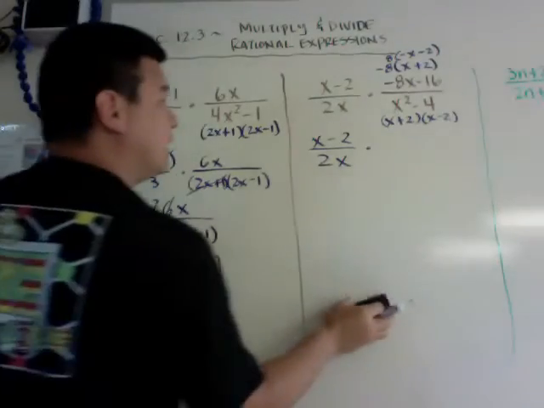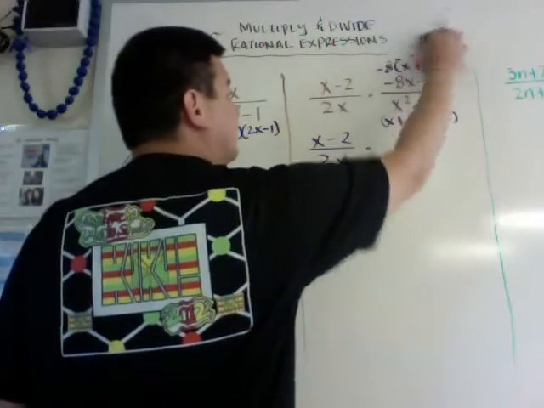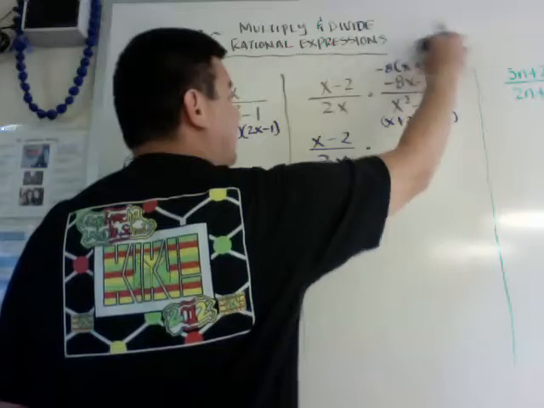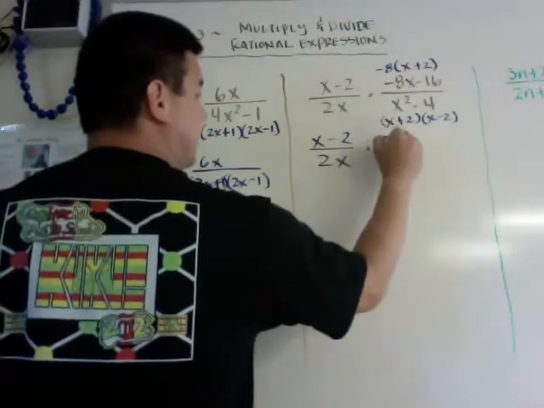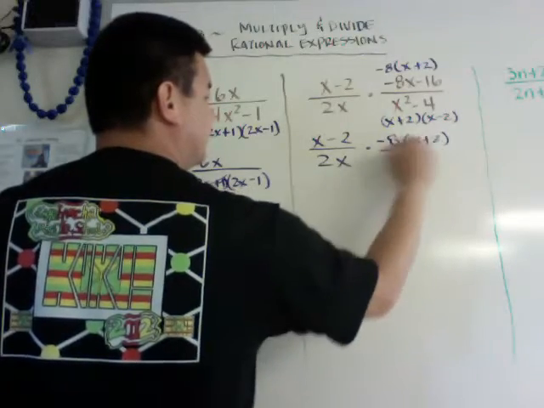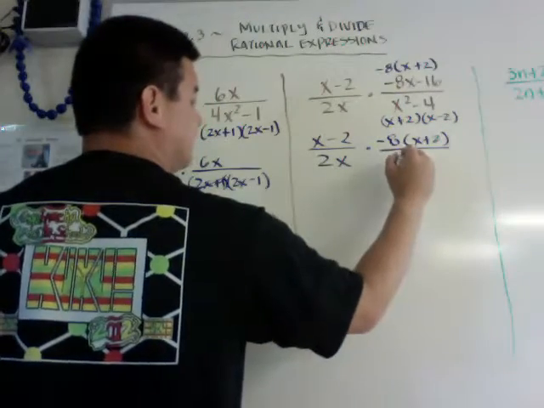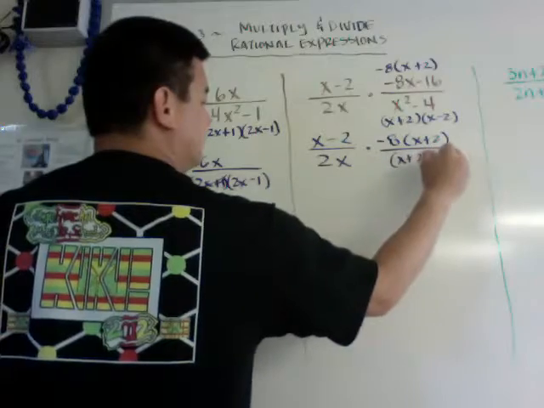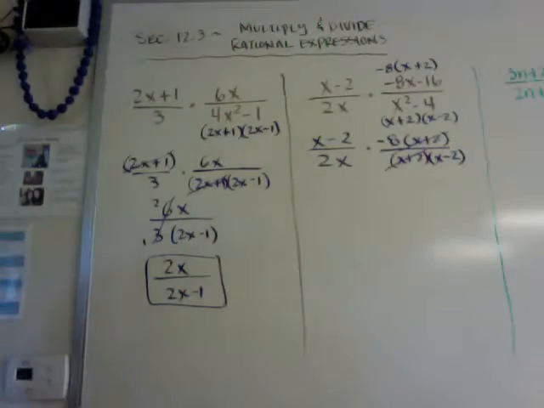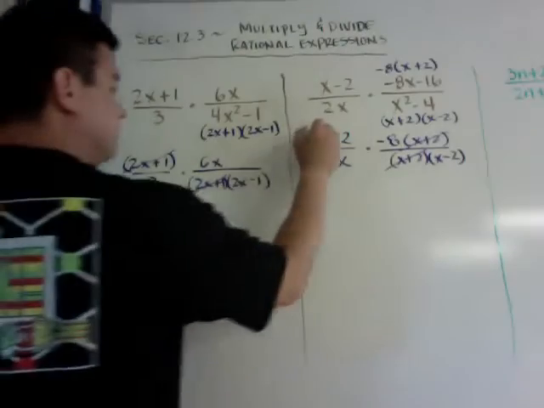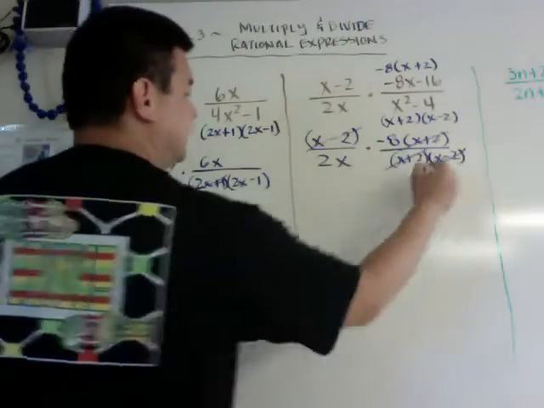So that's why I want to pull out the negative 8, because then now it gives me something that I can cancel down. So if I put the negative 8 x plus 2 here, and I put the x plus 2 x minus 2, you can see that I can cancel those down, but I can also cancel down this one.